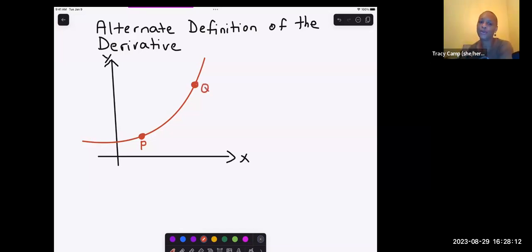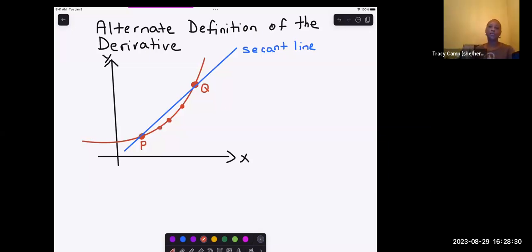And we know that if I draw a secant line through P and Q, the tangent line is the line that's formed as Q gets closer and closer to P, right?